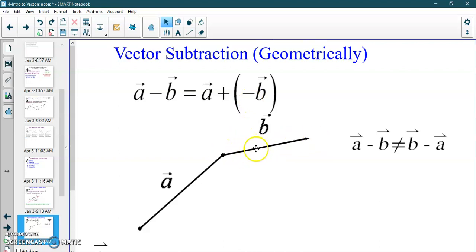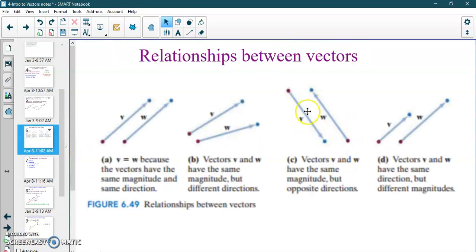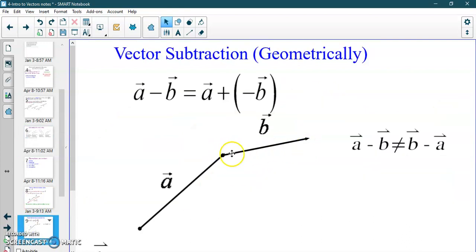So what that's going to do is take vector B and flip it around and go the opposite direction. If we think about these two vectors here, they're going opposite directions, and vector V is basically equal to negative vector W, because it's the same magnitude, just opposite direction. So we have to take this vector B and we have to flip it.